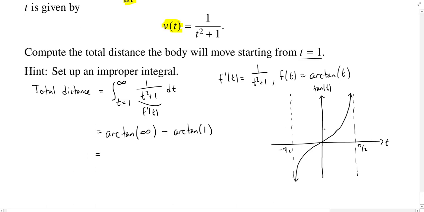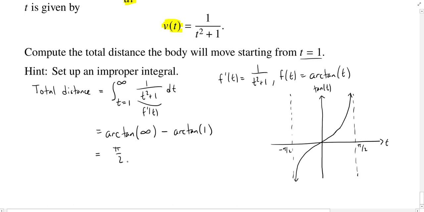So if I want to know what the arctan of infinity is, as we go to infinity, I look over and see what the graph is getting closer to along the x-axis, or the t-axis. It's getting closer to pi over 2. So as I go off to infinity, my t must be getting closer to pi over 2, and that's what the arctan of infinity is.